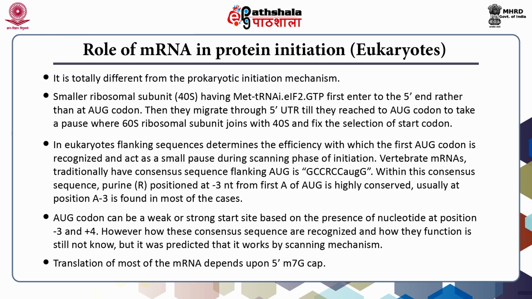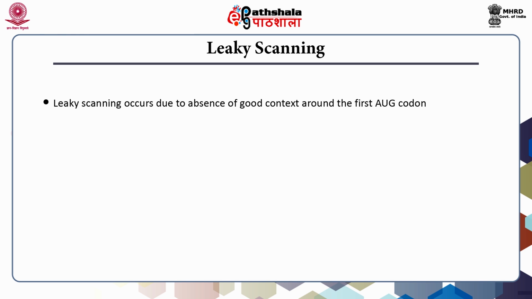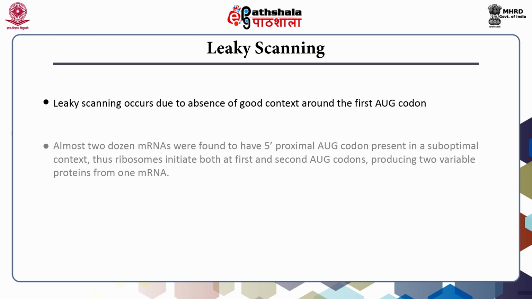Translation of most mRNA depends upon the 5' m7G cap. Leaky scanning occurs due to the absence of a good context around the first AUG codon. Almost two dozen mRNAs were found to have a 5' proximal AUG codon present in suboptimal context. Thus, ribosomes initiate at both the first and second AUG codons, producing two variable proteins from one mRNA.